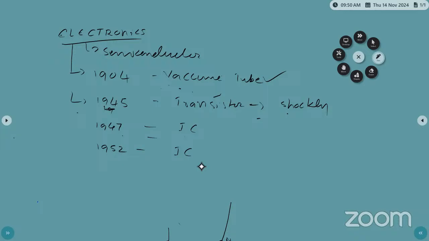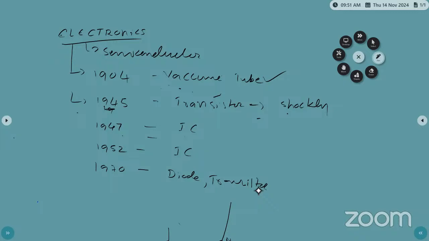Okay, and in the 1970s, there are no vacuum tubes. After 1970, the device we are using in our life is the transistor. After 1970, all electronic components are diodes and transistors only.